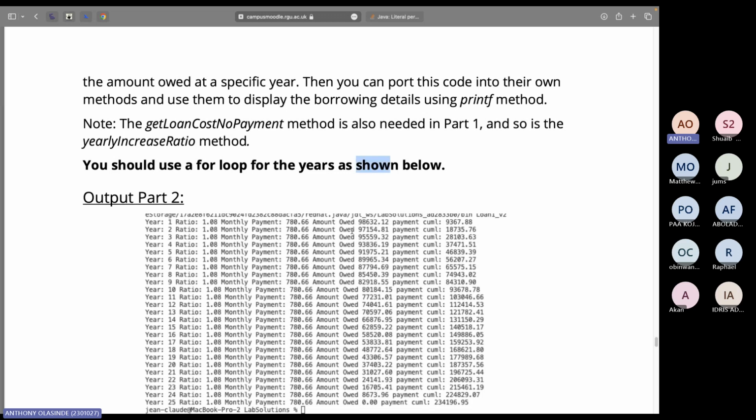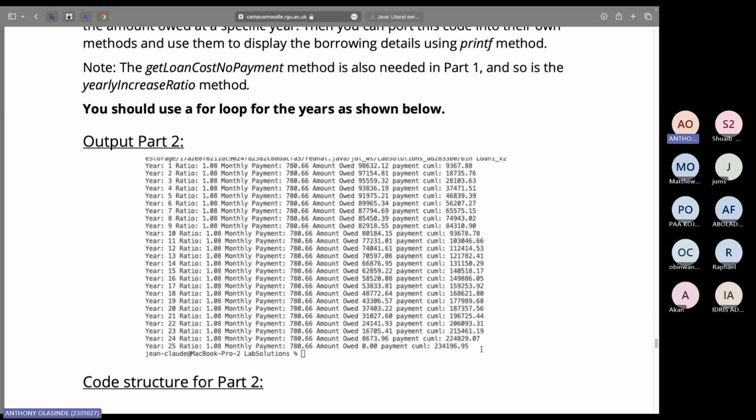This is the amount owed after 2 years. This is the amount that has been paid after 2 years. Like that until the last bit where you've paid 234,000 for a loan of 100k, and you are done, you are not owing anything again.